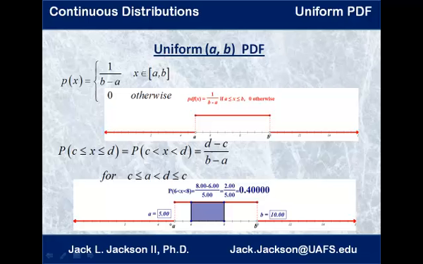As long as you have them in the order a, c, d, b, you're finding the area of a rectangle that goes from c to d, so it's d minus c for the numerator, and the denominator is b minus a because your height is 1 over b minus a.